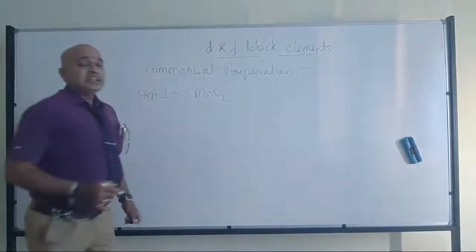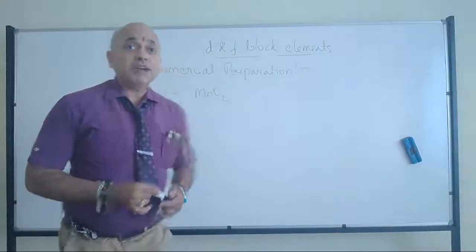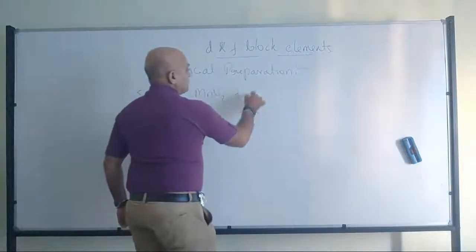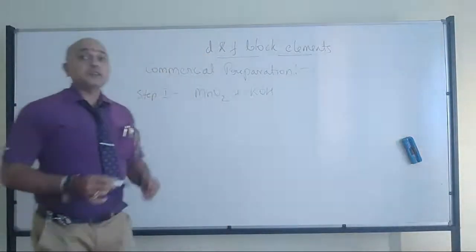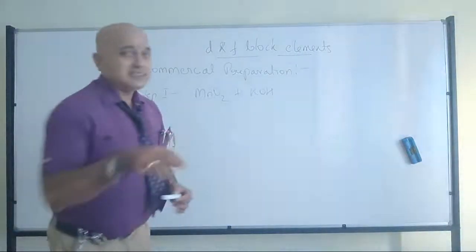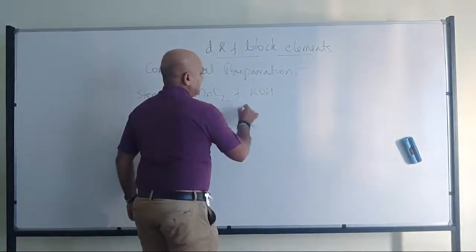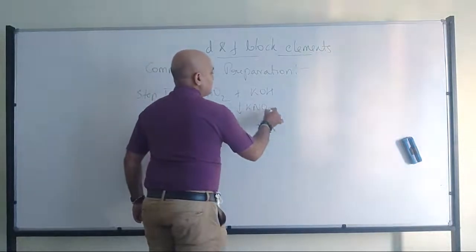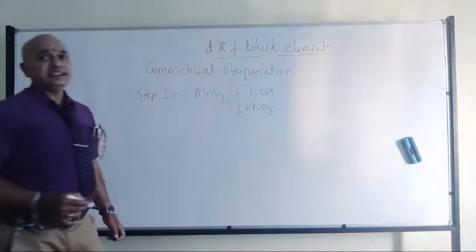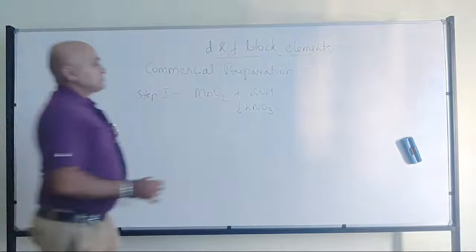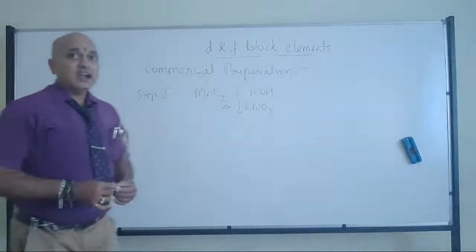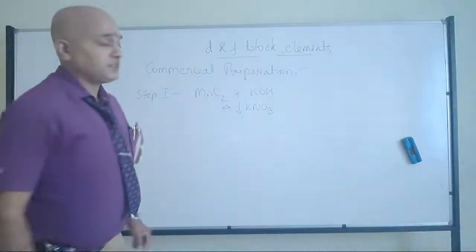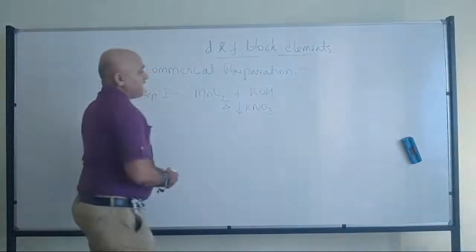Pyrolusite will be treated with potassium hydroxide in the presence of potassium nitrate. That is one thing, it will be extra: in the presence of potassium nitrate. Okay? So they are going to have the fused condition. That means they should maintain the high temperature. So what will happen?